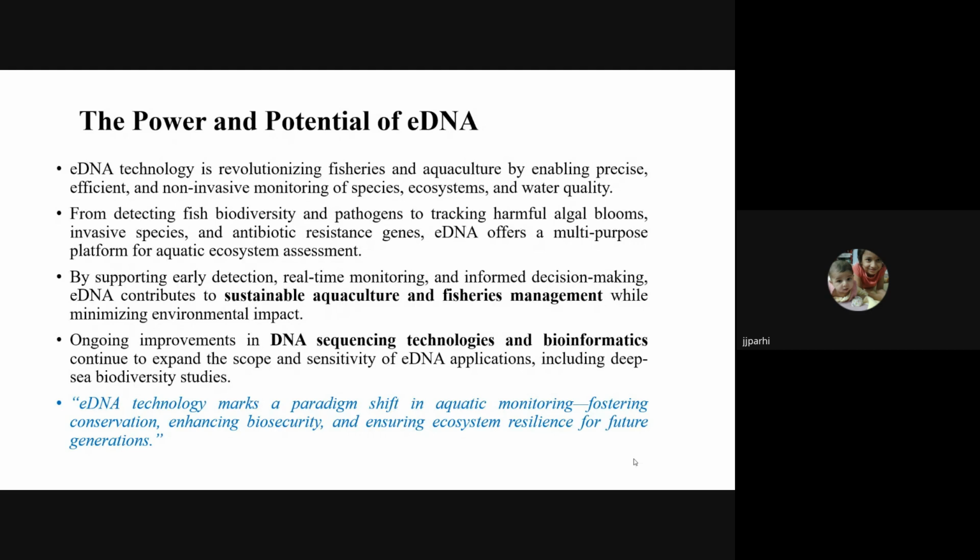Further, by supporting early detection and real-time monitoring, eDNA contributes to sustainable aquaculture management. One big improvement is that DNA sequencing technology and bioinformatics can help us expand the scope and make eDNA applications more efficient and more sensitive. So you can say eDNA technology marks a paradigm shift in aquatic monitoring, fostering sustainability, enhancing biosecurity, and ensuring ecosystem resilience for future generations.